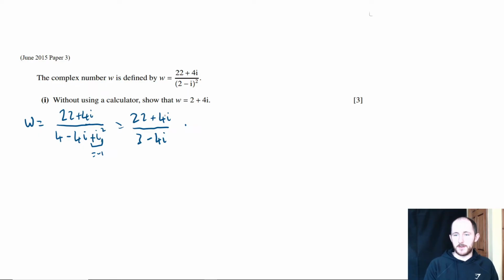So now we need to do the division, so we're multiplying the top and bottom by the complex conjugate. Basically just change the middle sign.